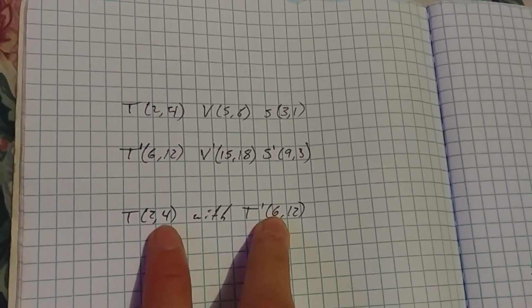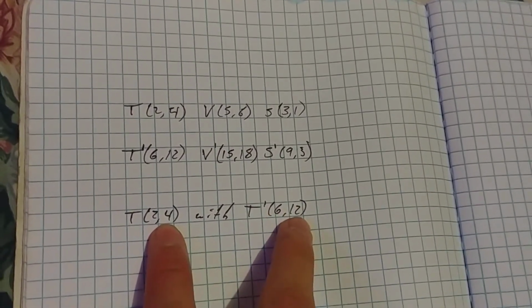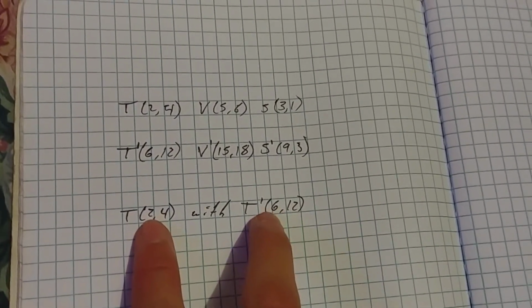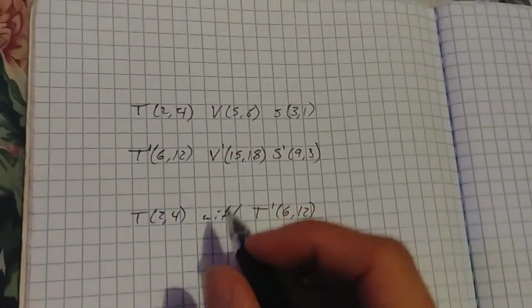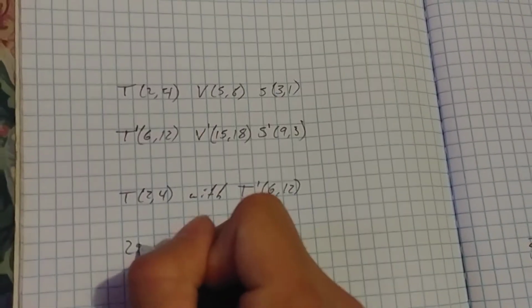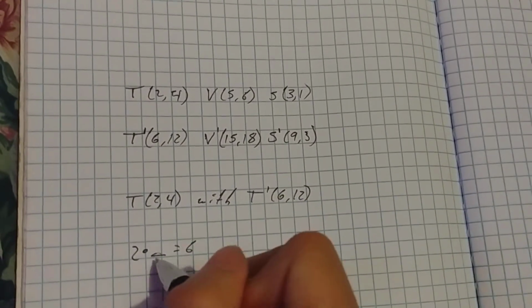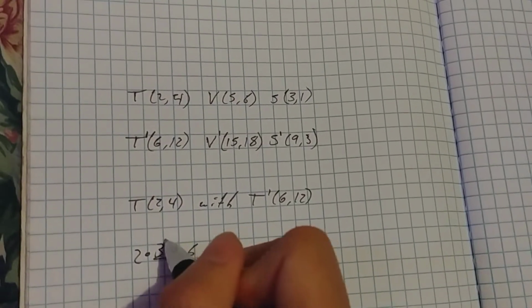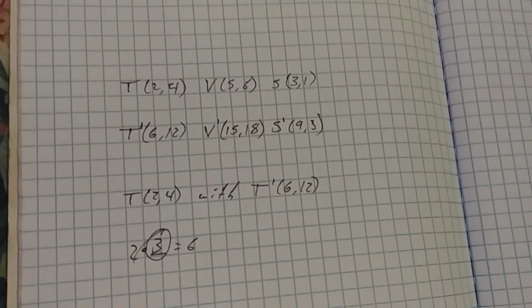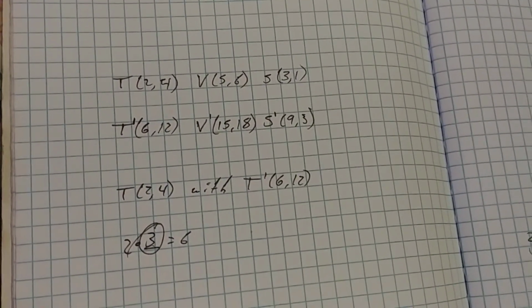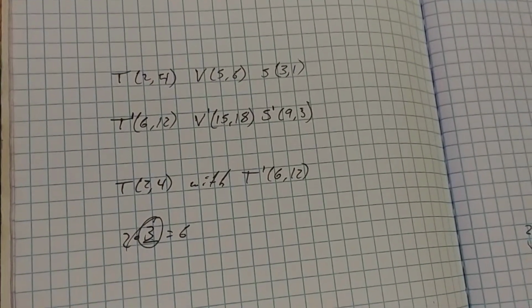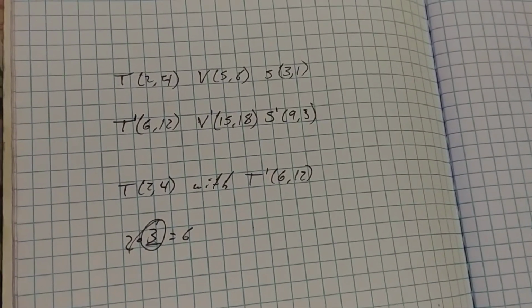And what do I have to multiply 4 by to get 12? Well, 2 times what equals 6? By 3, right? 3.